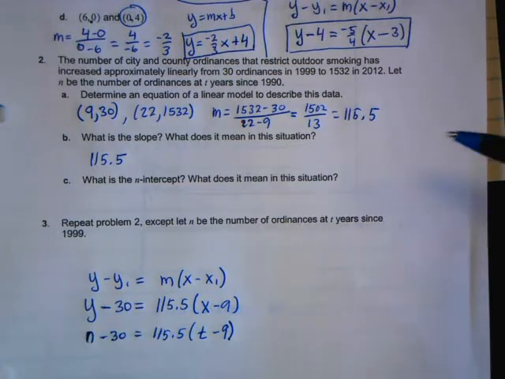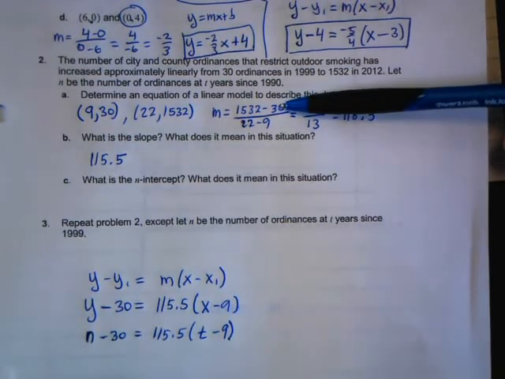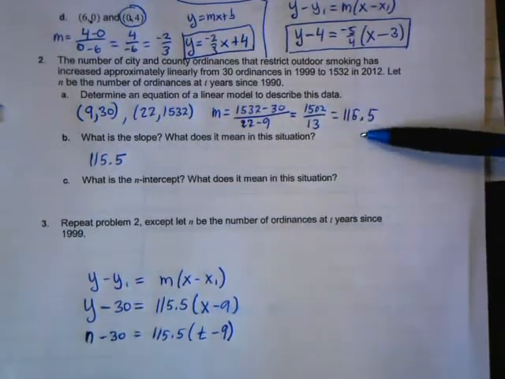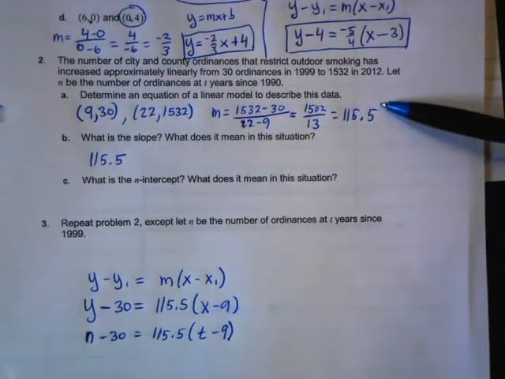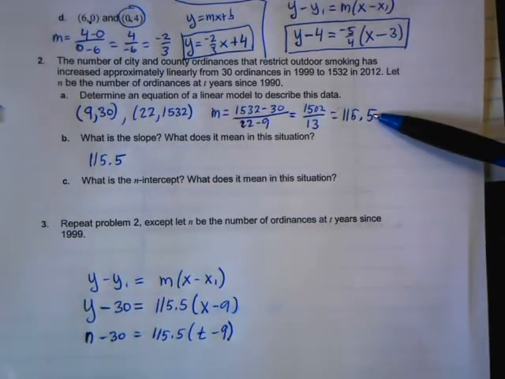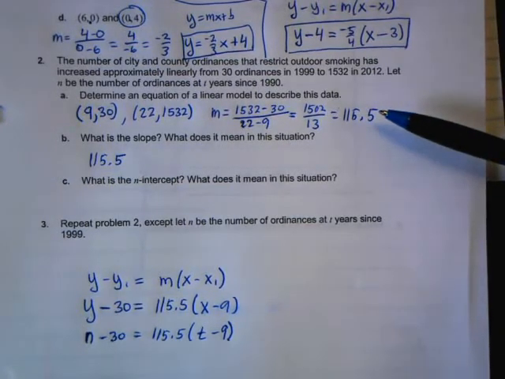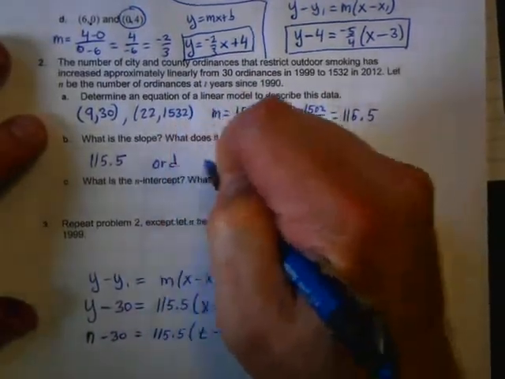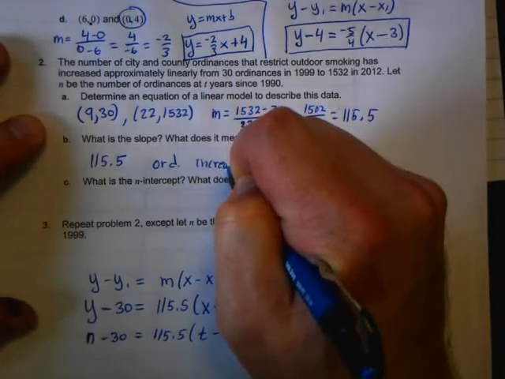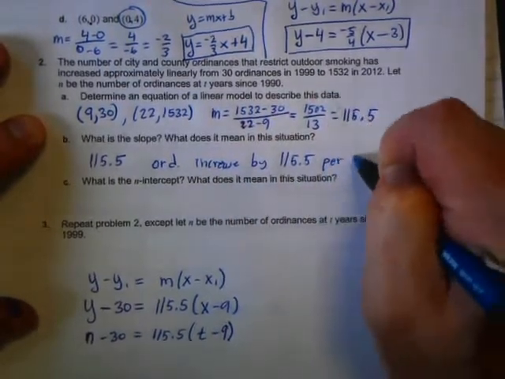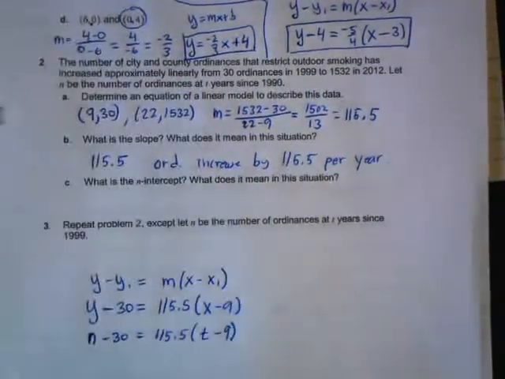Notice that when we did our slope, we had ordinances on top and we had years on bottom. So what this number tells me is the number of ordinances goes up by 115.5 every year. Ordinances increase by 115.5 every year. That's what that tells me.